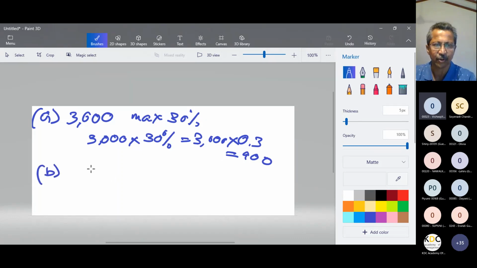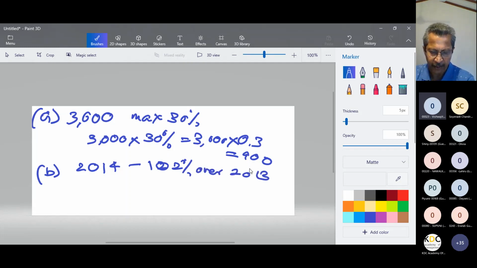The second question was about 2014. The sales have increased by 102% over 2013. We know 2014 sales are 1,487,003. So we need to find out 2013 sales.